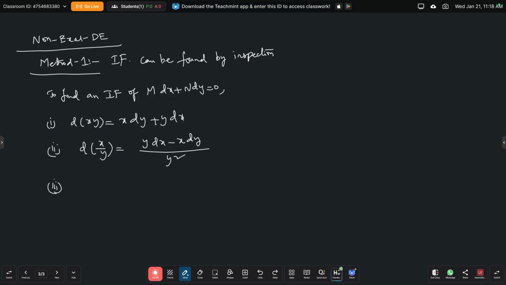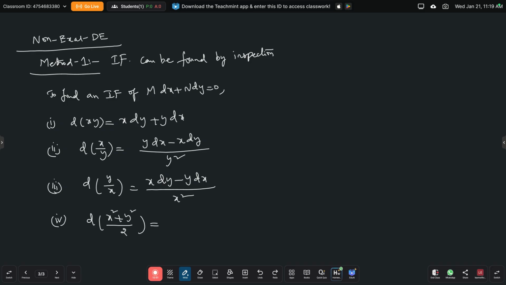Next, similarly, by interchanging the x and y here, y by x. So what is our formula here? x dy minus y dx by x square. Next, d of x square plus y square by 2. Derivative, let us see.